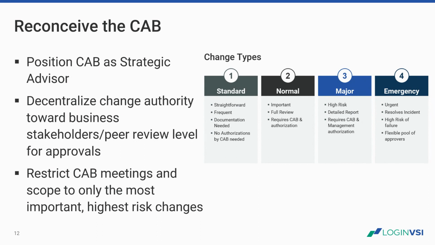Of course, for major and emergency risks, you'd want a flexible pool of approvers or management authorization. But here again, if we can focus in on standard and normal changes and remove the CAB from that process, we can automate those processes and modernize our change management.